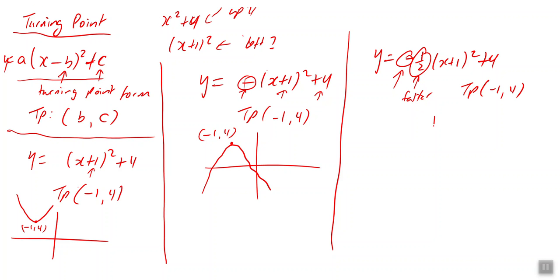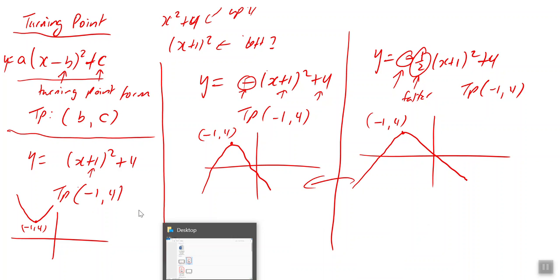So if you were to graph it, it will look something like this: (-1, 4), but a bit fatter compared to that graph. My graph might not be 100% accurate because I haven't figured out the x and y intercepts, but this is basically what I'm after. So this is the crux of transformations for graphs. I'm hoping you get the basic idea of how they work.